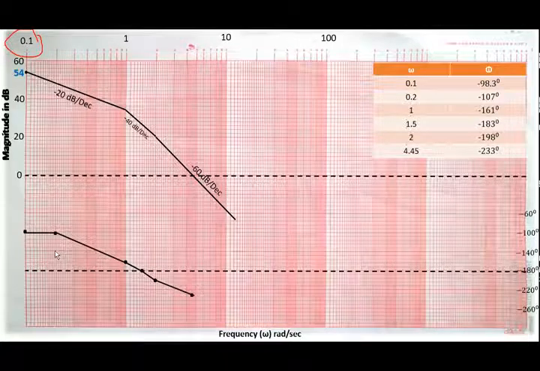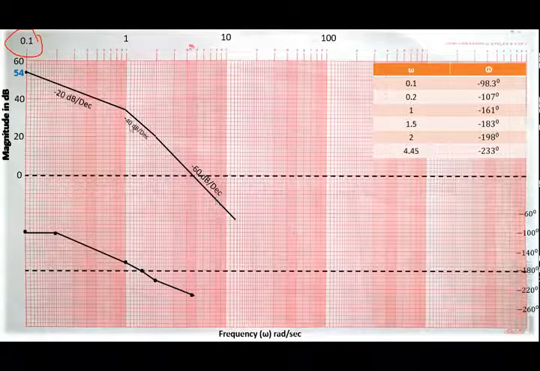And now we need to find out the crossover frequencies, that is gain crossover frequency and phase crossover frequency. Here the gain crossover frequency can be obtained where the magnitude plot crosses the reference line of the magnitude plot. So this is the magnitude line, that is the gain.